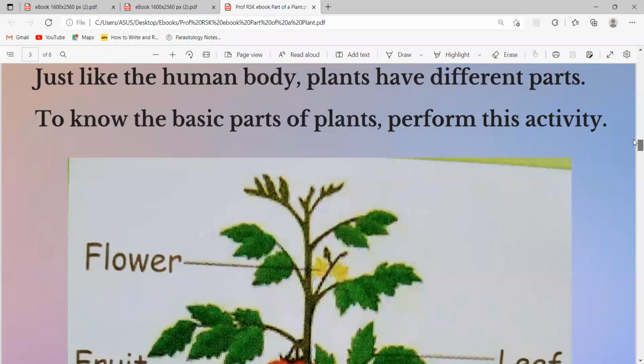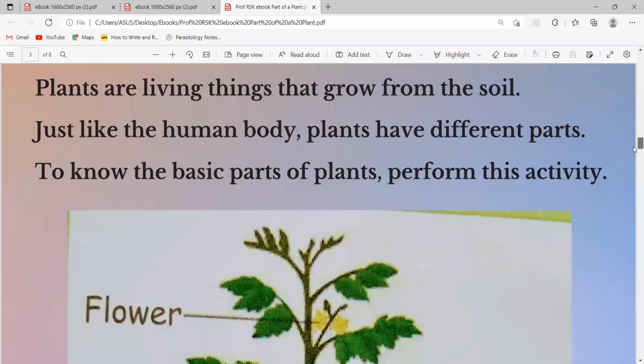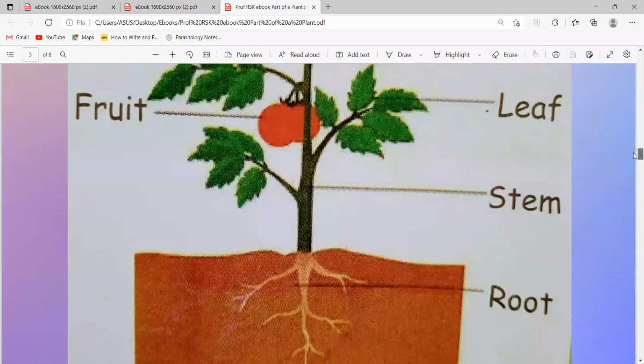All right, so take note. And we have also said that plants are living things that grow from the soil. It is true. So if I want to ask a question like this, I will say plants are living things that grow from the soil, true or false? And you agree with me that the answer is true.